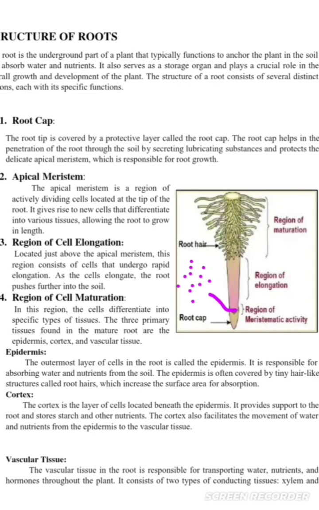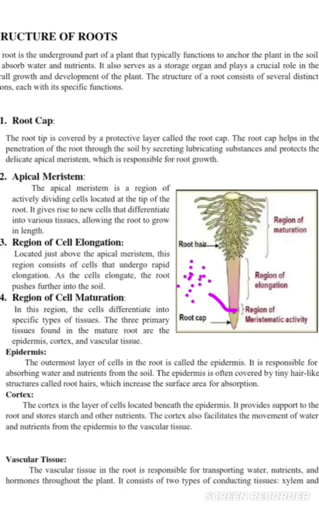It gives rise to new cells that differentiate into various tissues, allowing the root to grow in length. So these are the functions of the apical meristem.